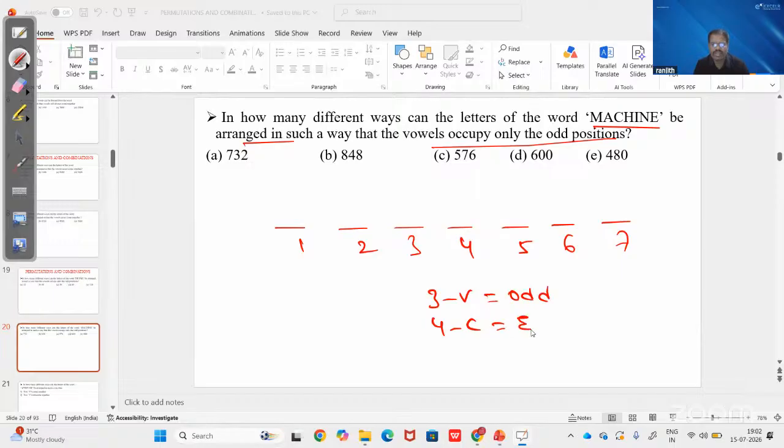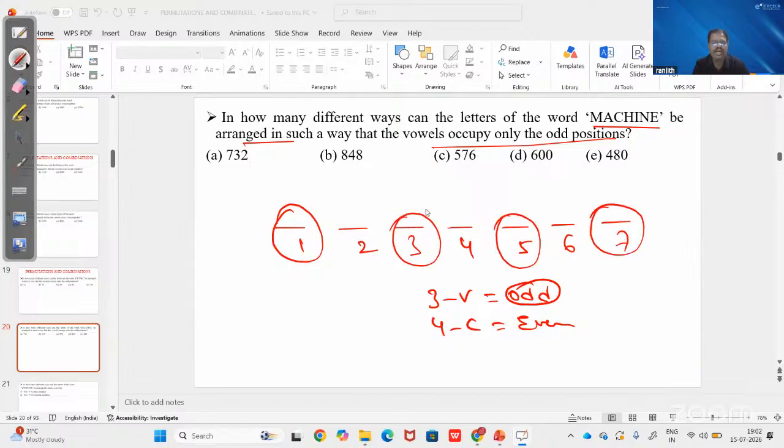Vowels occupy odd positions. Consonants occupy even positions as well as odd positions. How many odd positions do we have? 1, 3, 5, 7. In the last question, we had 3 vowels, 3 odd positions and 3 consonants, 3 even positions, which gave 3P3 equal to 3 factorial.